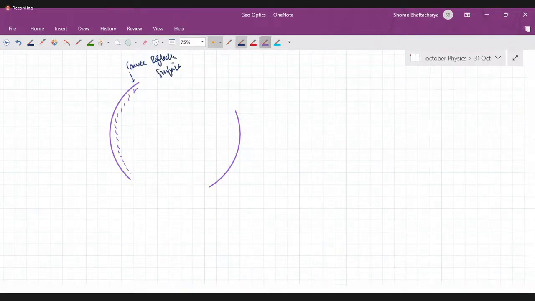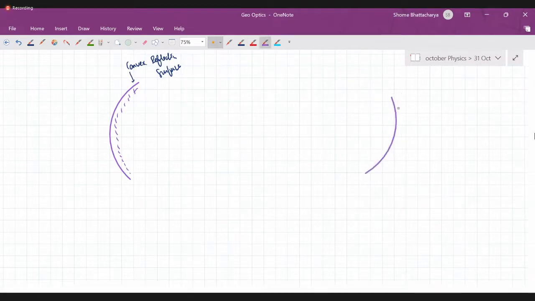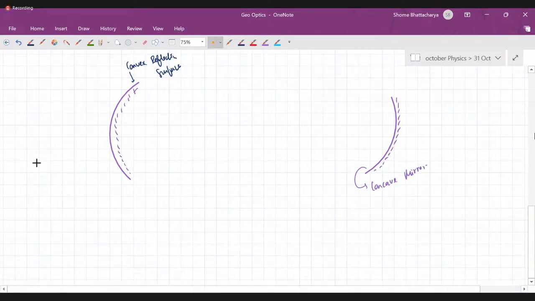Okay. Or we can have an example like this. Concave mirror. So here also, if we have incidence like this, then what we do is at the point of incidence P, we draw a normal by joining it with the center of curvature. So this line here becomes our normal.